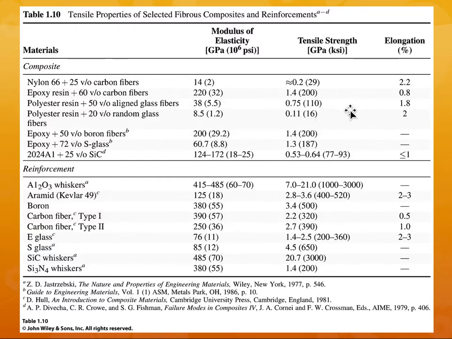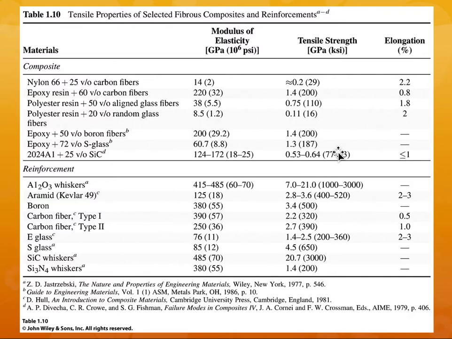And you can see that the tensile strength is about 110 ksi. But if we have random orientation of the fibers, then the same material combination will show you much lesser properties than the aligned fibers. So you can see the effect of the alignment of the fibers here.